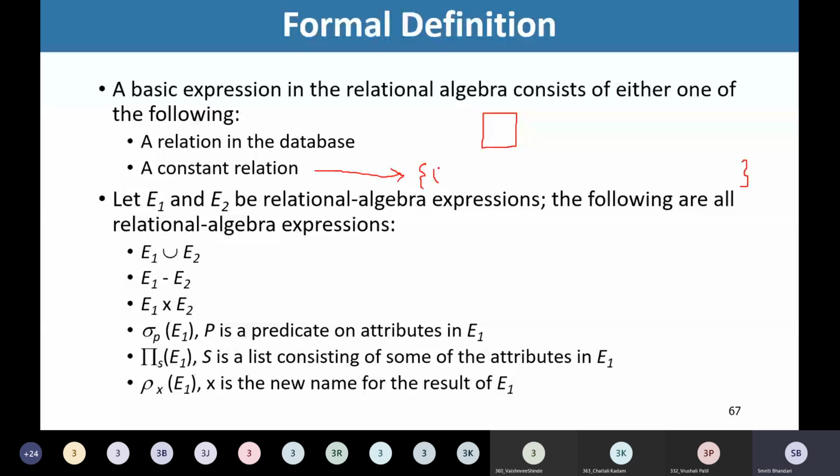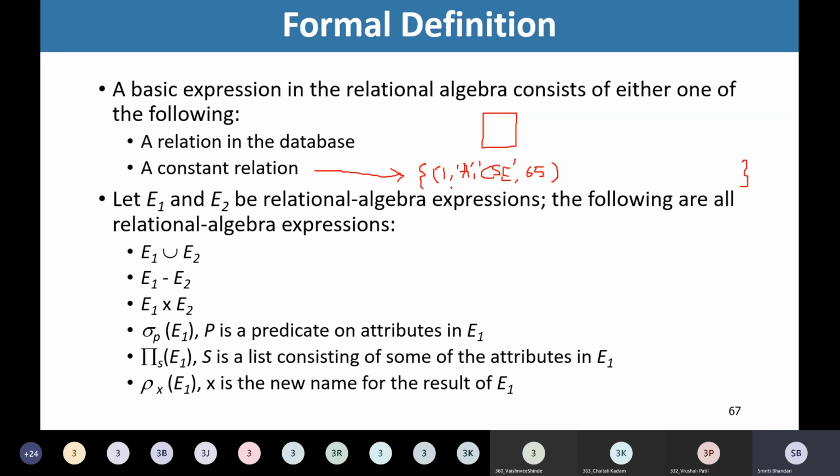So in the braces, I can write a constant tuple having some values. For example, if the constant relation has ID, so 1 is the ID, name is A, department name is say CSC, and salary 65,000.